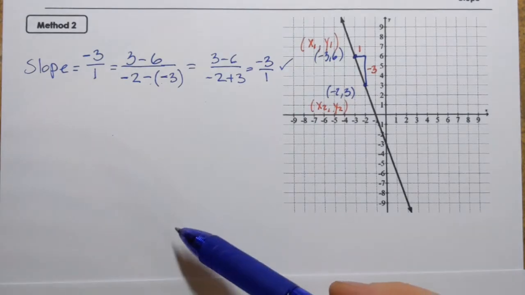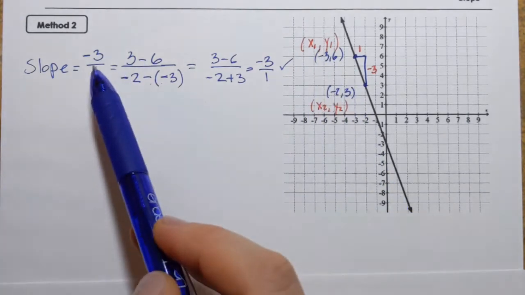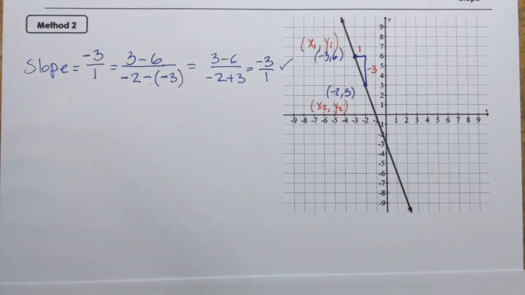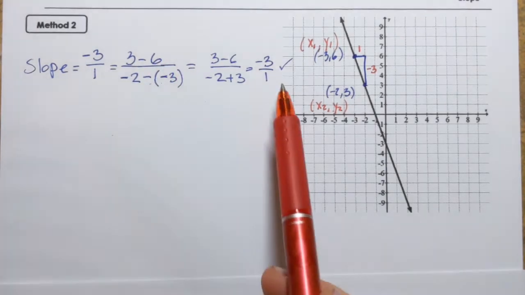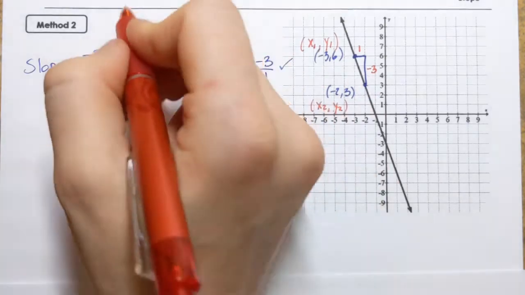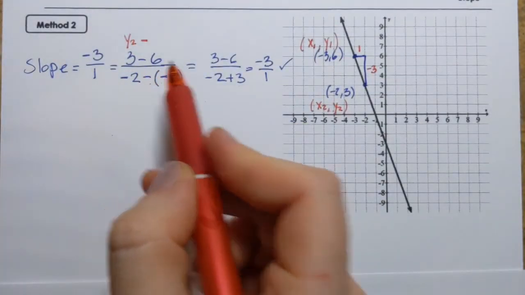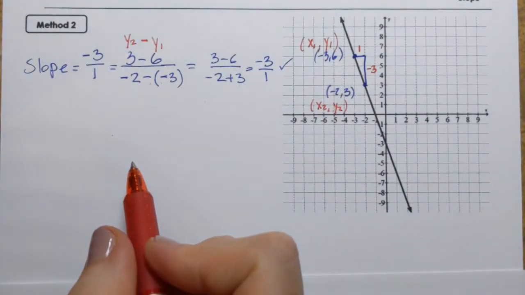Okay, so hopefully it made sense how I was able to manipulate the coordinates of those 2 points to give me those numbers. But let's now denote what exactly we used here. So 3 and 6, where those 2 came from. 3 is the y coordinate of the second point, and we call it y2. Then we subtracted, it was 3 minus 6, and 6 is the y coordinate of the first point, y1.